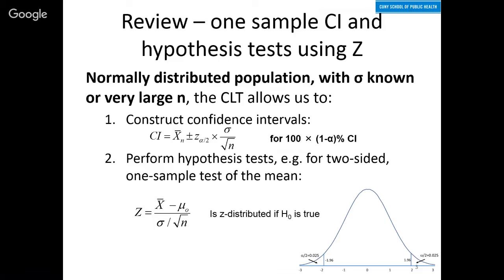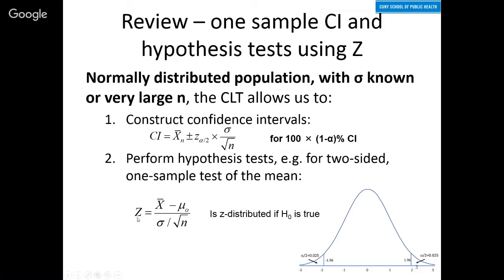in order to construct our confidence interval. And then similarly for hypothesis tests, rather than constructing a confidence interval, we calculate a test statistic. So rather than using the critical value of the test statistic, we calculate an actual test statistic for a sample and compare that to the critical test statistic, such as the Z alpha over 2.